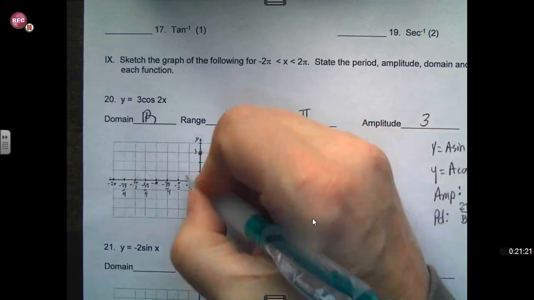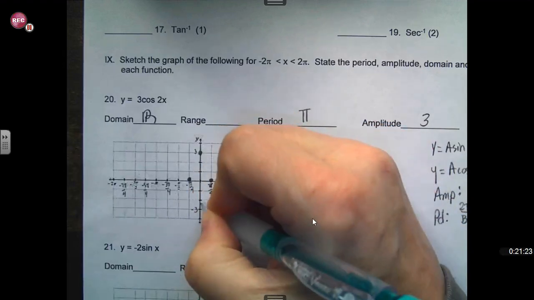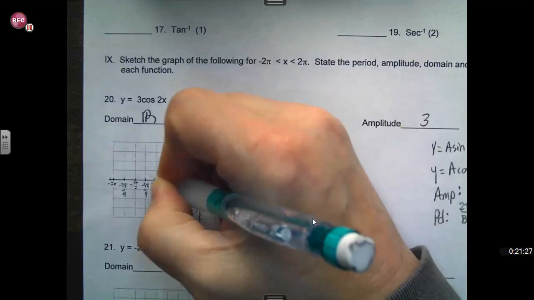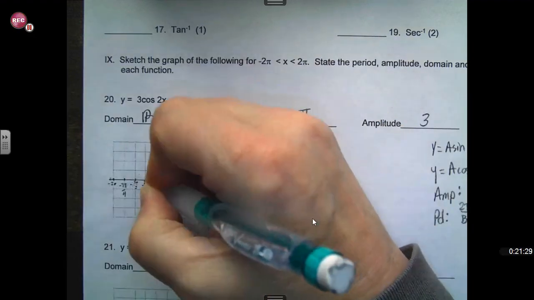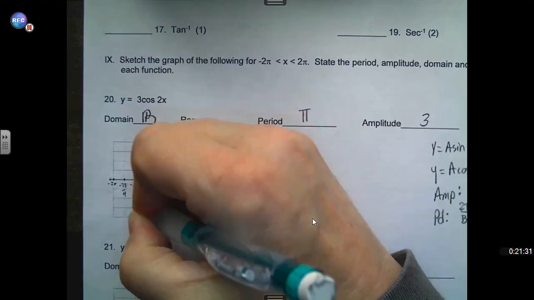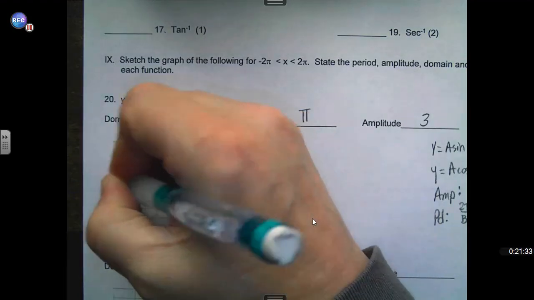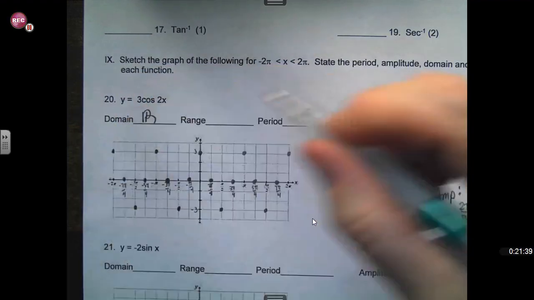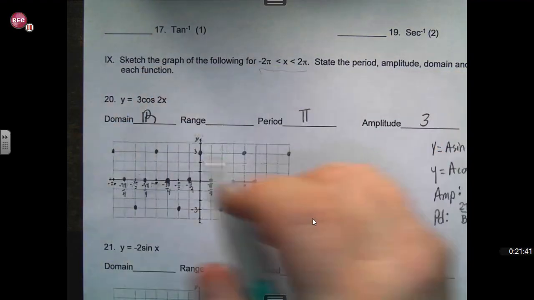Let's see, I'm up here, so this will be 0, negative 3, 0, positive 3, 0, negative 3. And it does tell you in the instructions to graph the whole thing all the way from negative 2 pi to 2 pi.